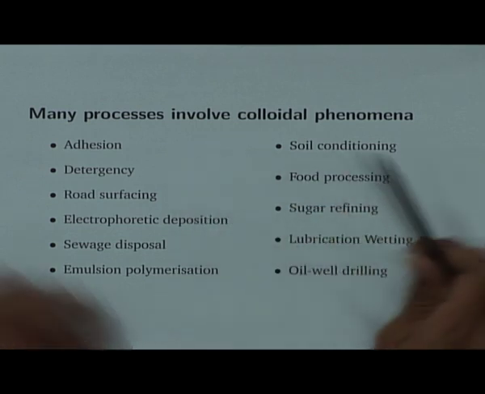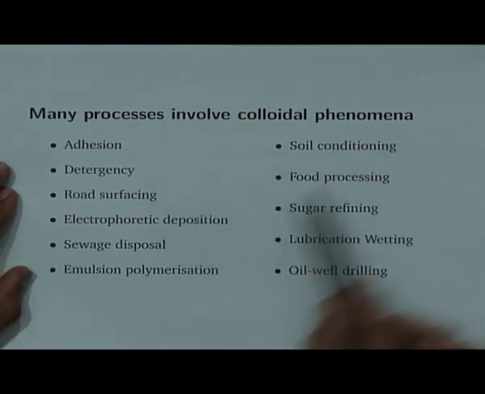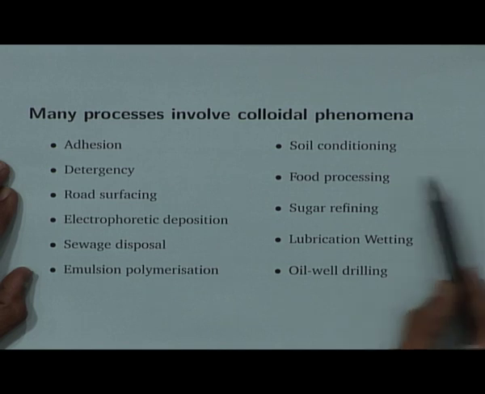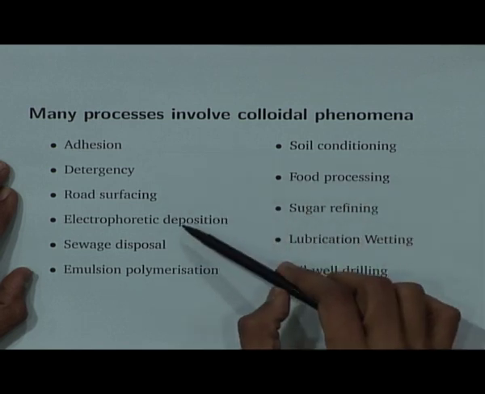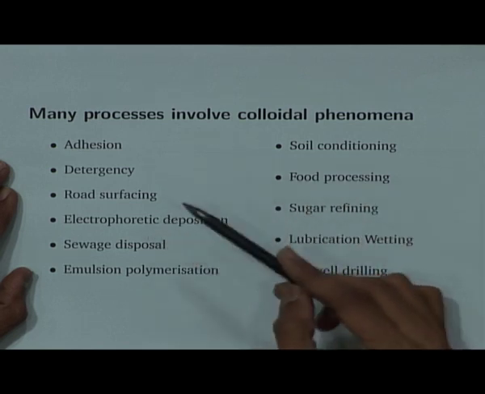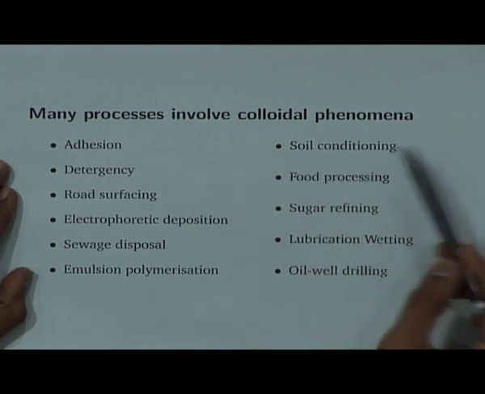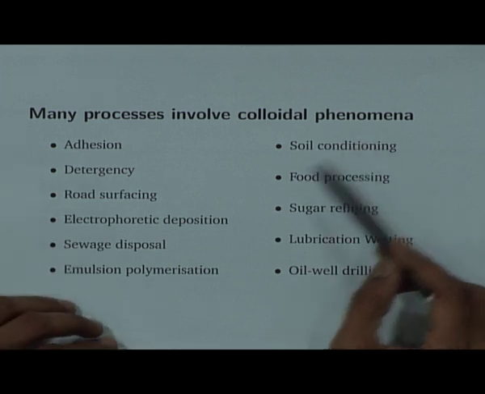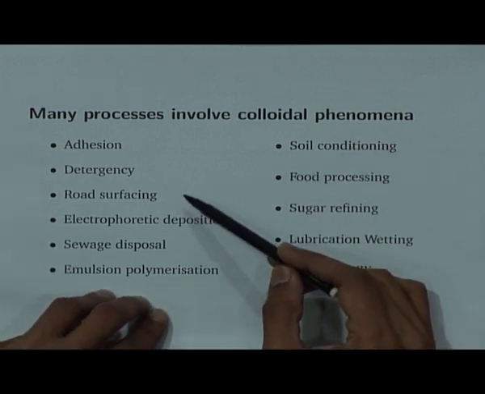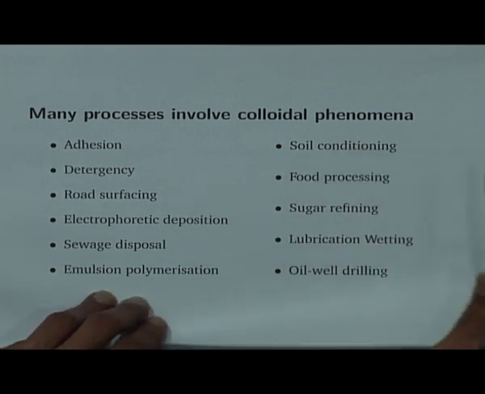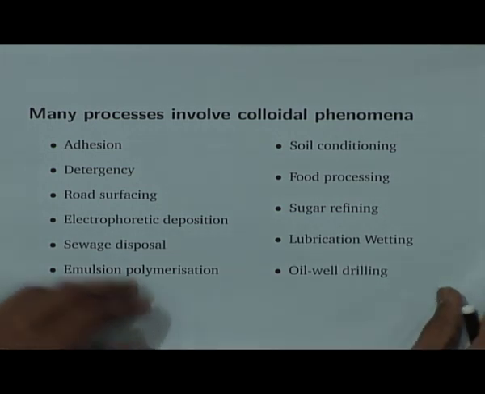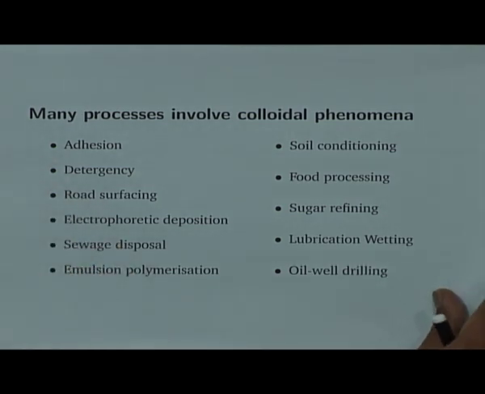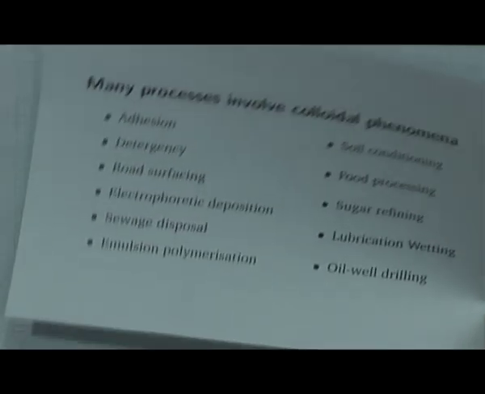If you read this, you will find that pretty much anything that you have come across has something to do with colloids. So, there is great importance associated with colloidal science for everyday applications, as well as things that are useful in the industry.